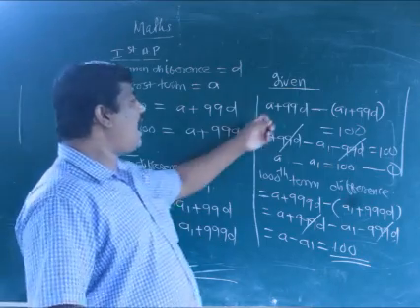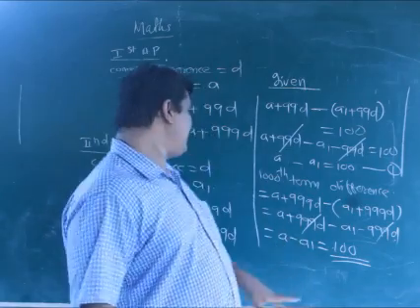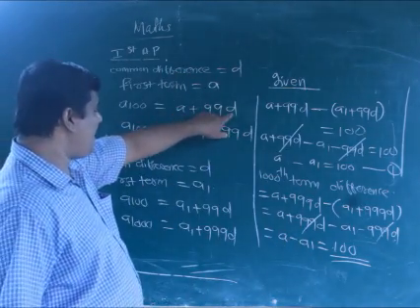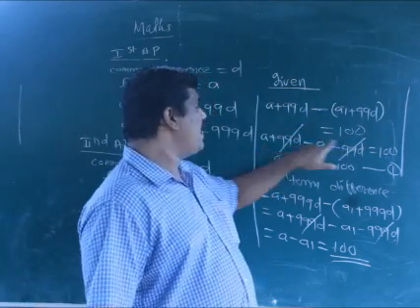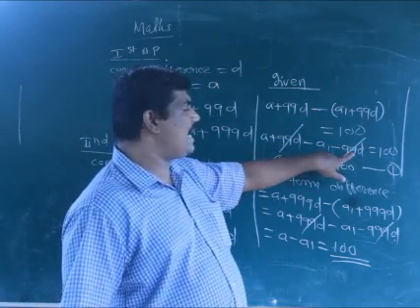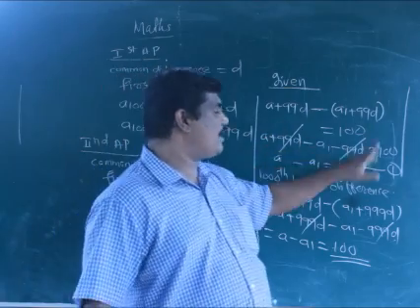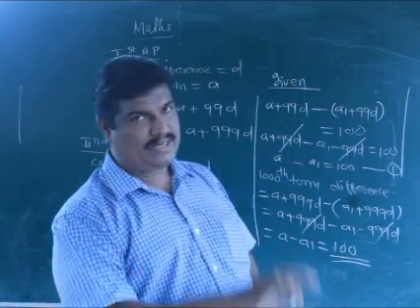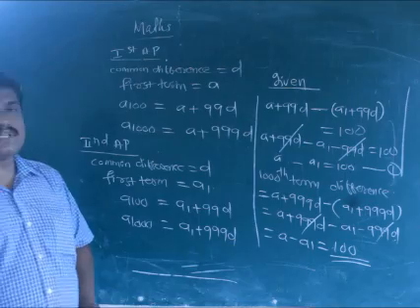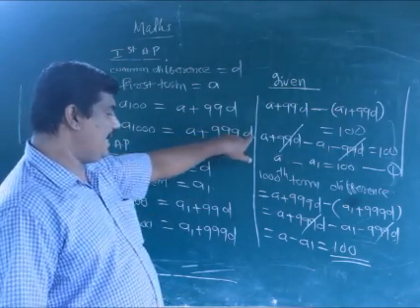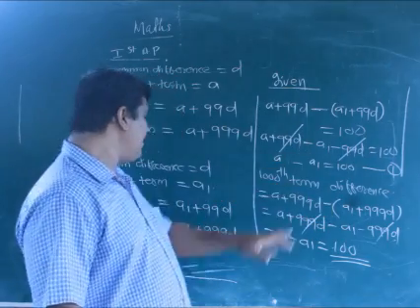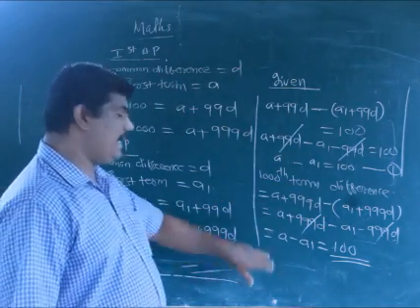Given that the 100th term difference is 100, that is A plus 99D minus A1 plus 99D is equal to 100. Open the bracket; plus 99D and minus 99D cancel, then A minus A1 is equal to 100. It is marked as equation number 1. Then find the 1000th term difference: A plus 999D minus A1 plus 999D.